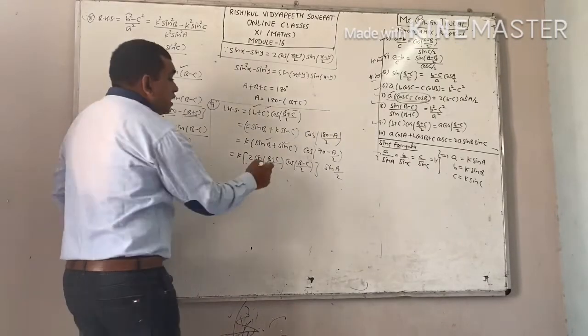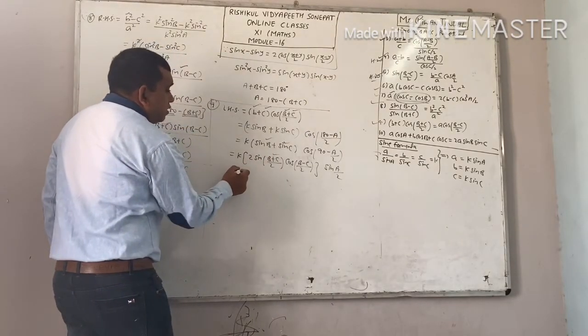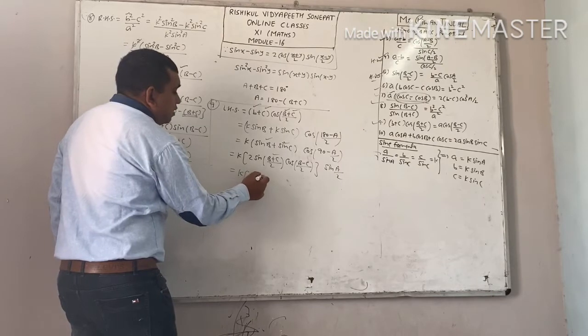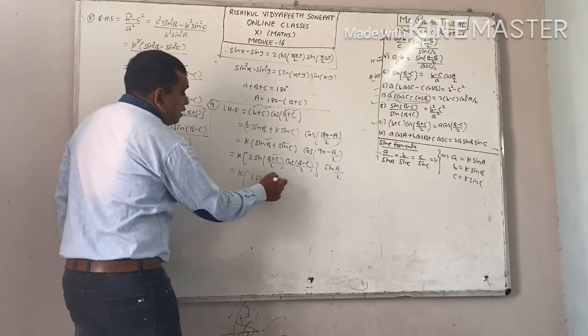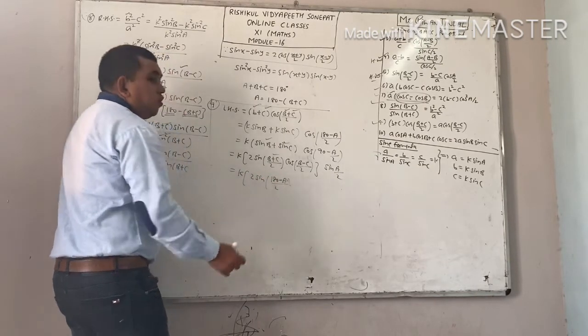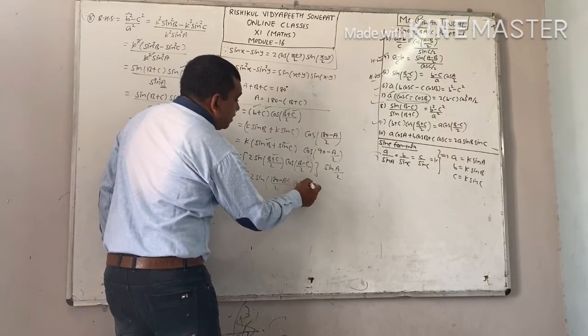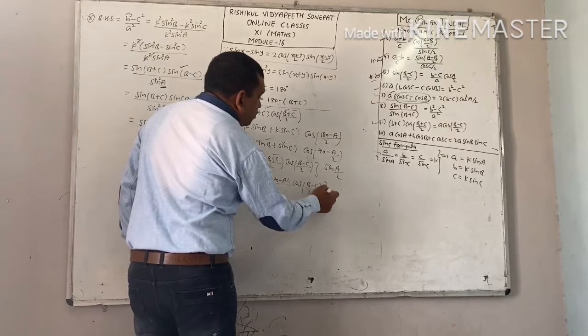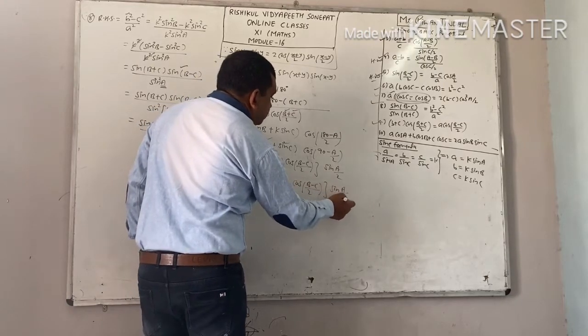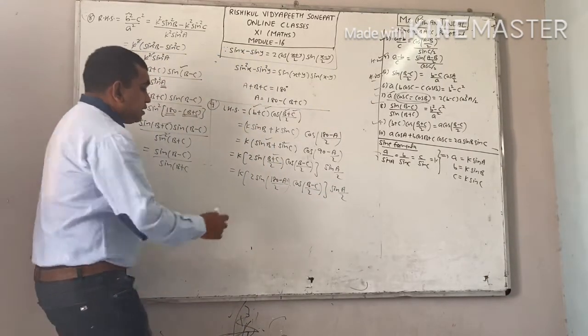Now, again we are getting sum of two angles. Put it here. This is your K into 2 sin. Now B plus C is your 180 minus A whole divided by 2. Now, cos B minus C by 2 into sin A by 2. Now simplify this also.